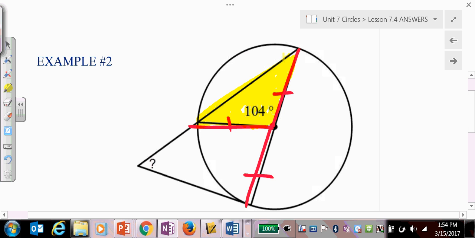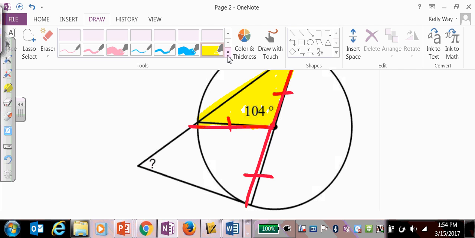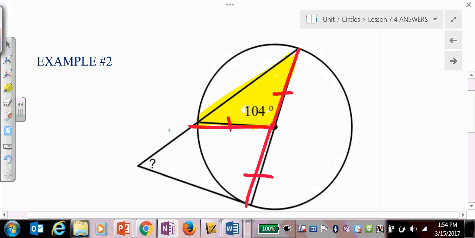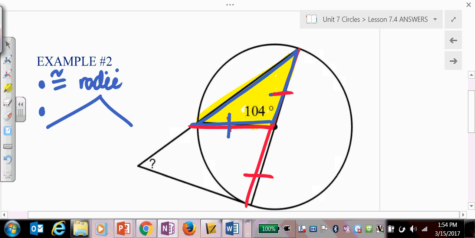Trace or shade. Ready. Carl, what kind of triangle is that, ma'am? Look at the yellow triangle there. So step 1, besides marking congruent radii, which you should always watch out for, isosceles triangles. And if we have 2 sides, we also have 2 angles.